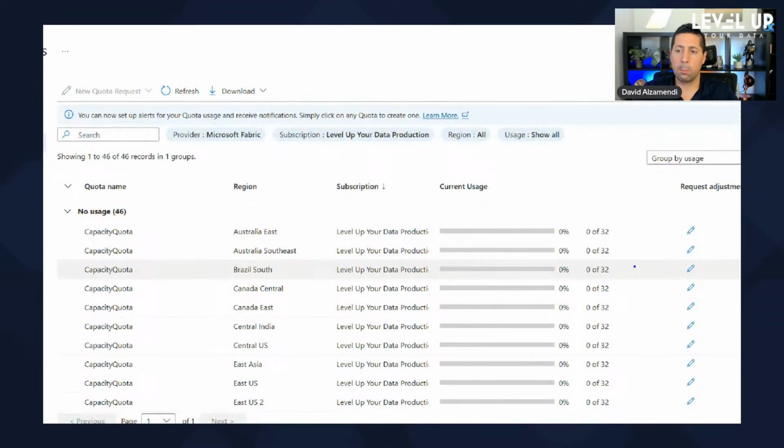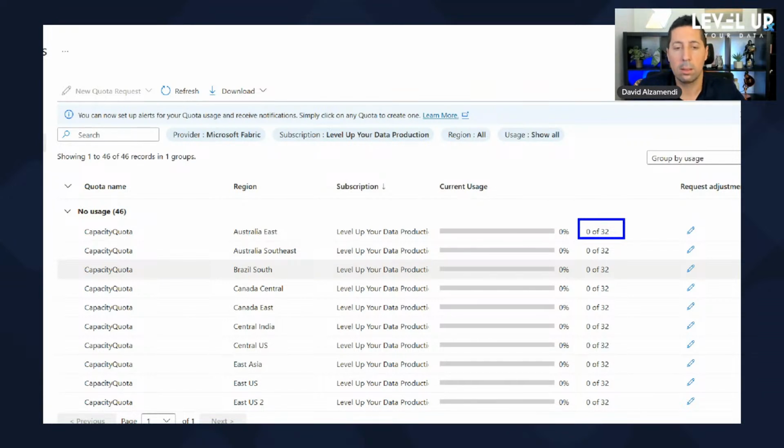A quota is basically, remember, so you have your tenant. Microsoft is allowing you to go and spin up Microsoft Fabric capacities, but there is a limit on the number of capacity units that they are allocated to your subscription within your tenant.